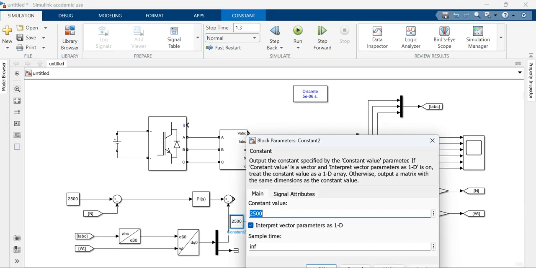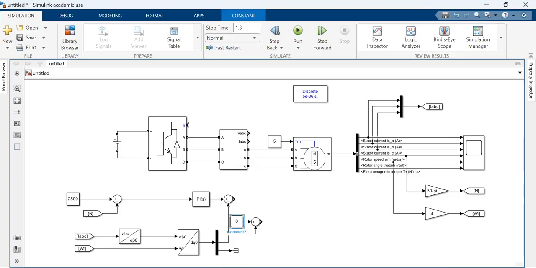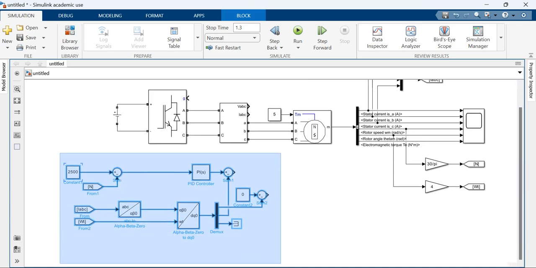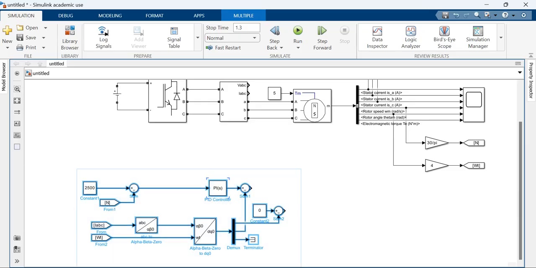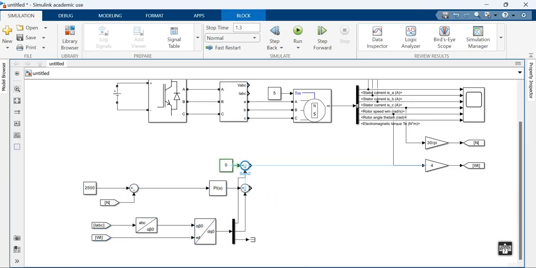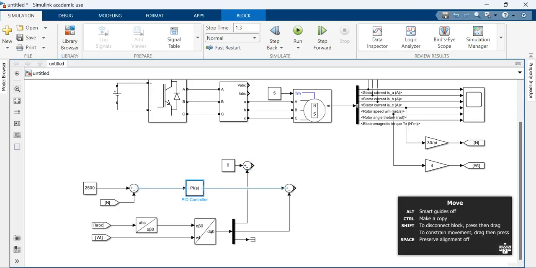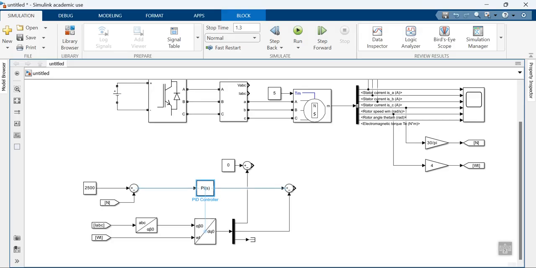This is actually the D component, and this is actually the Q component. Let me drag and put it down a little so that this has to go up and this has to come here. So it is something like this. Yes, now this is D and Q.